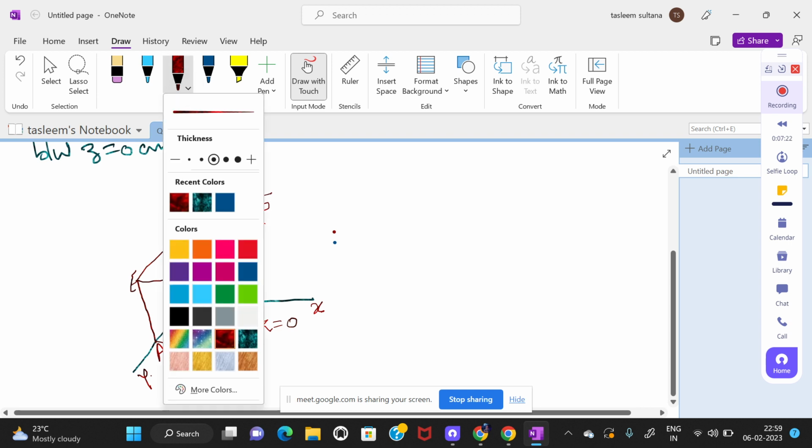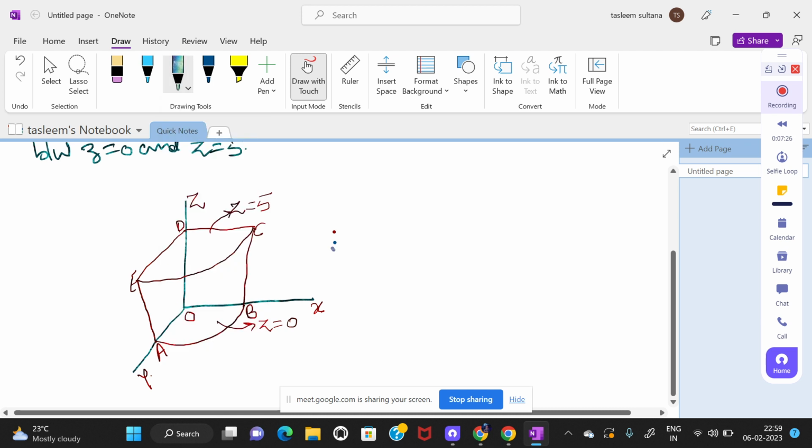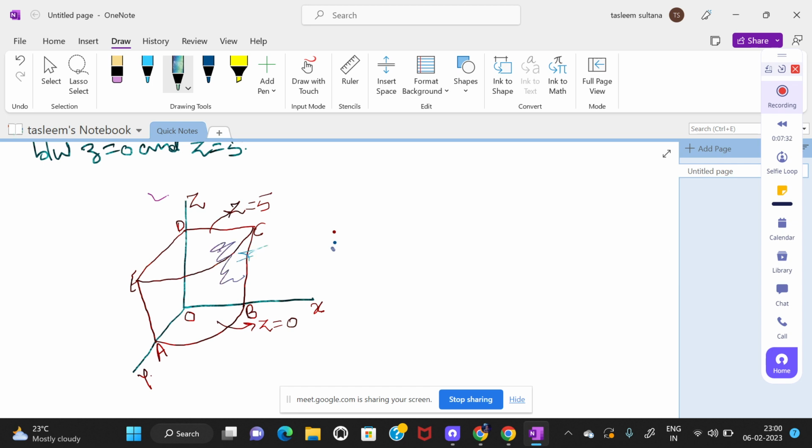We have to solve for this term. This is in the first octant. This area will come into the first octant. Yes or no? Okay, ma'am.